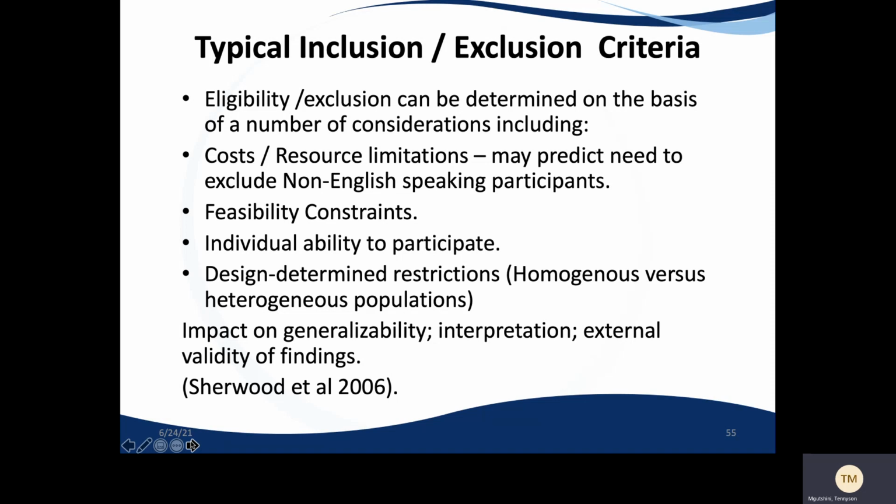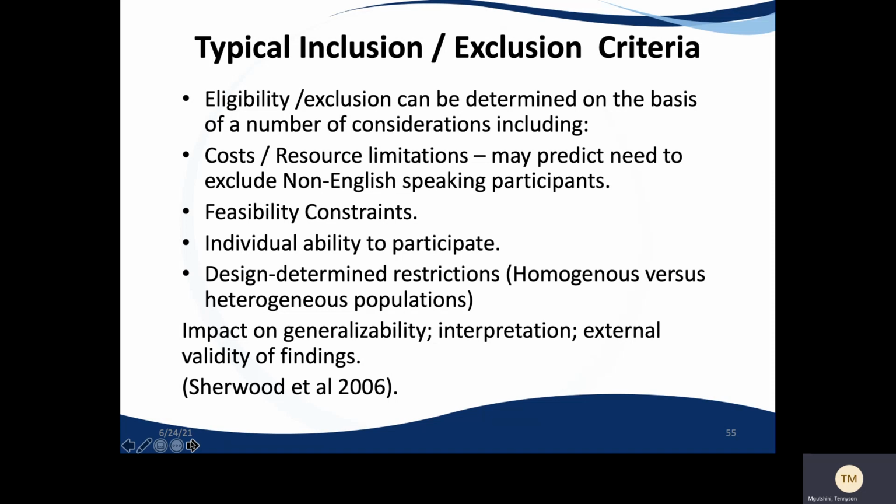For example, if you were doing a study and you didn't have the ability to translate or do interpretation, you would make an exclusion criteria be that anyone who does not speak English will be excluded. Of course, with every decision that you make, there are implications. People would then ask, what does that mean in terms of your ability or authority with regards to you saying you really studied the full population?